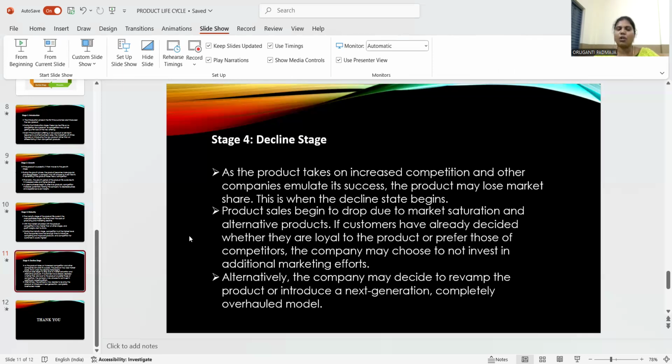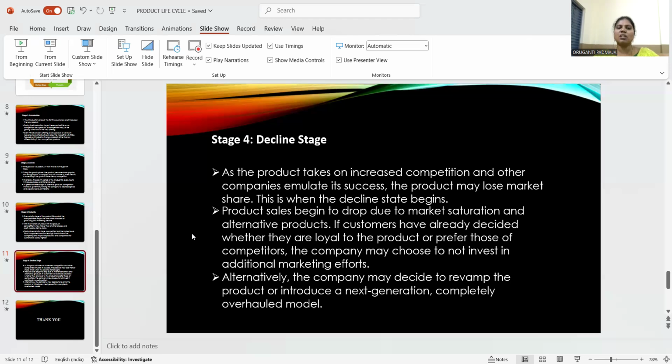One example of the product life cycle: in the olden days, the product Colgate powder was used. The company manufactured Colgate powder, which went through the four stages of the product life cycle.